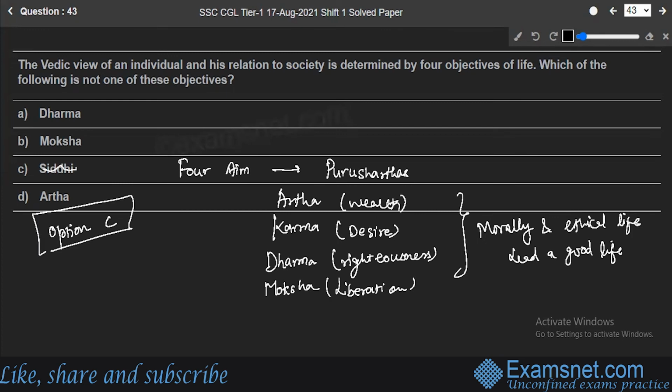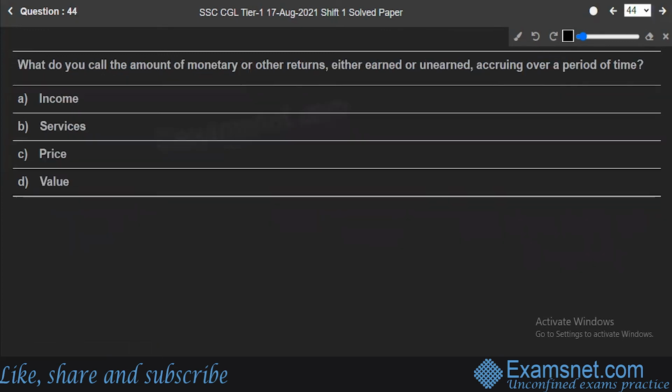Hope you are clear. Next is question number 44. What do you call the amount of monetary or other returns, either earned or unearned, occurring over a period of time? Is it income, services, price, or value?